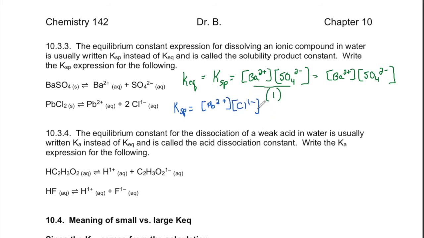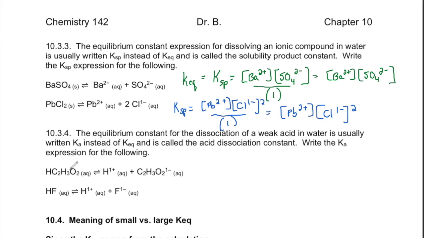The thing about the chloride ion is that it needs an exponent of 2 because there are 2. And then the solid lead chloride would be equal to 1. And so the solubility product constant for lead chloride would be the concentration of lead 2 ion times the concentration of chloride ion squared.